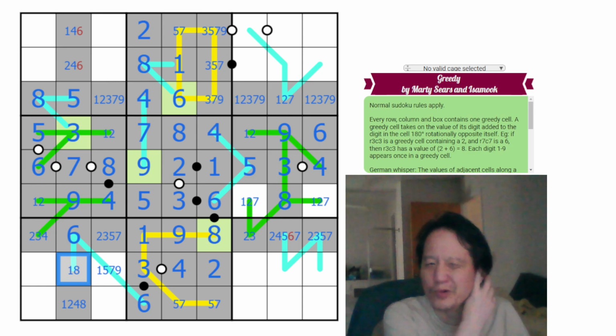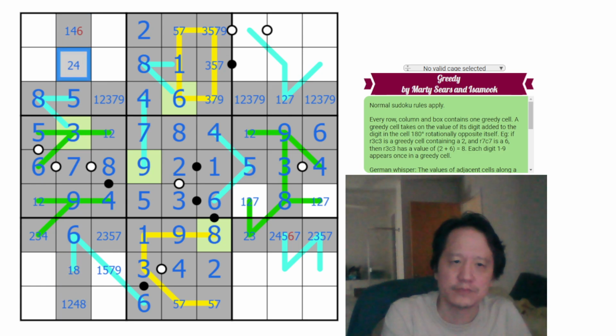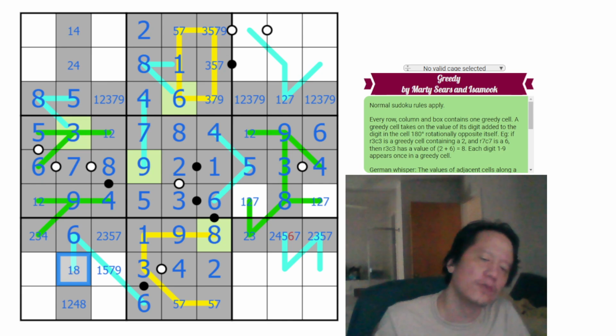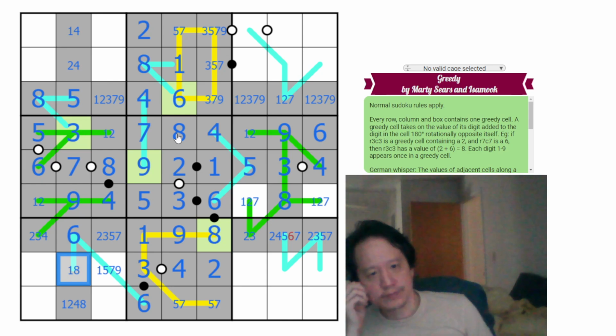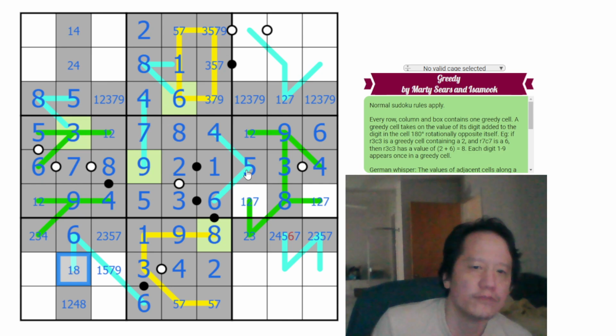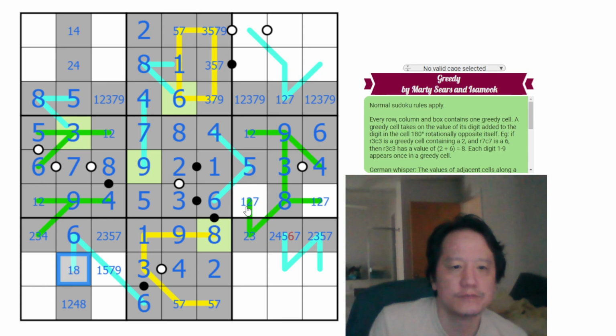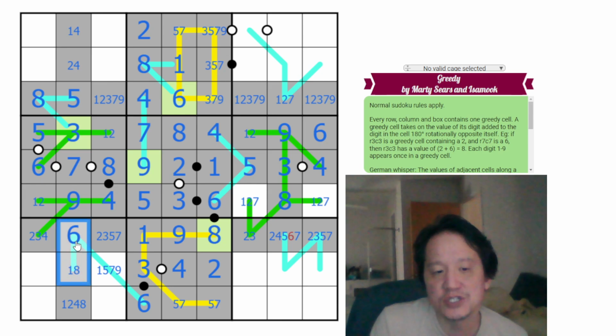This is 1 or 8. If this is 8, this is a difference of 2.